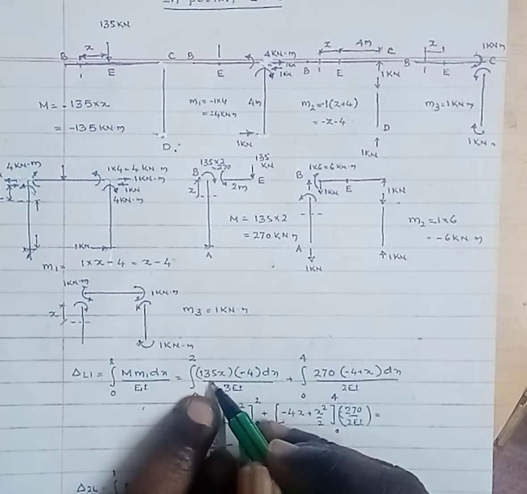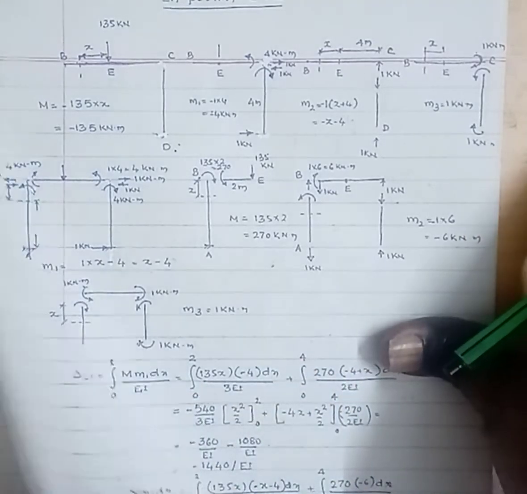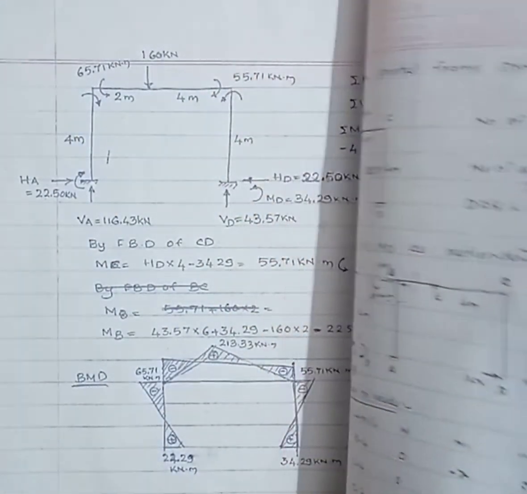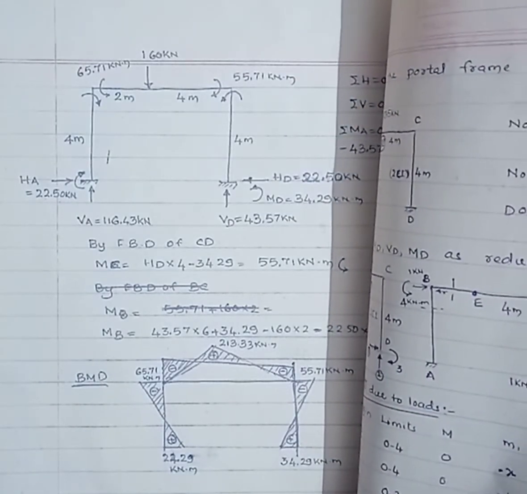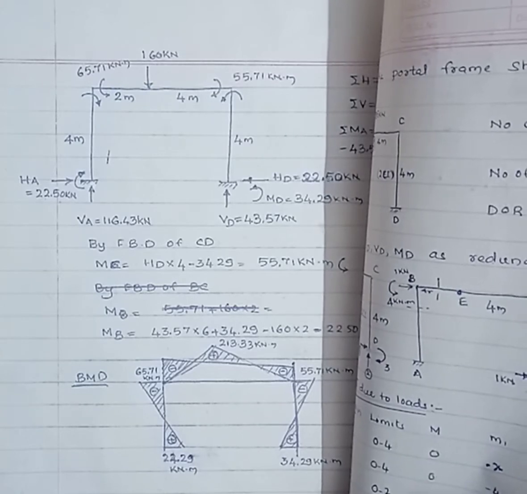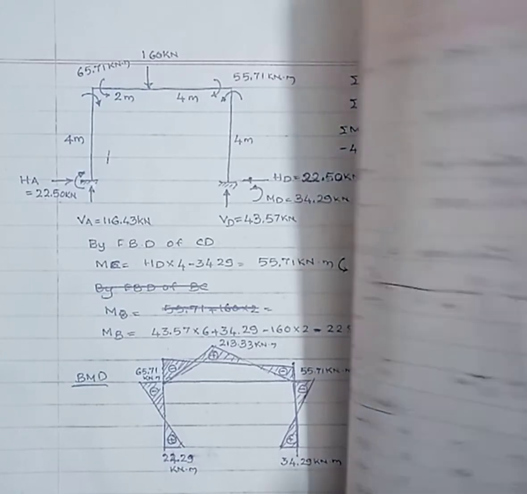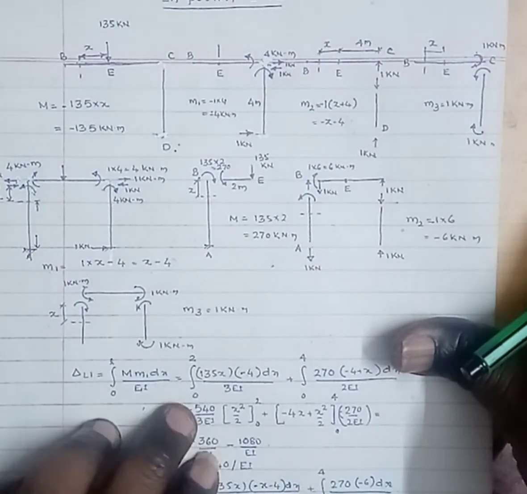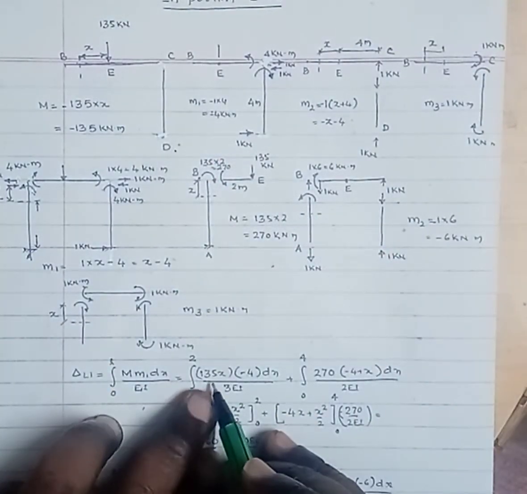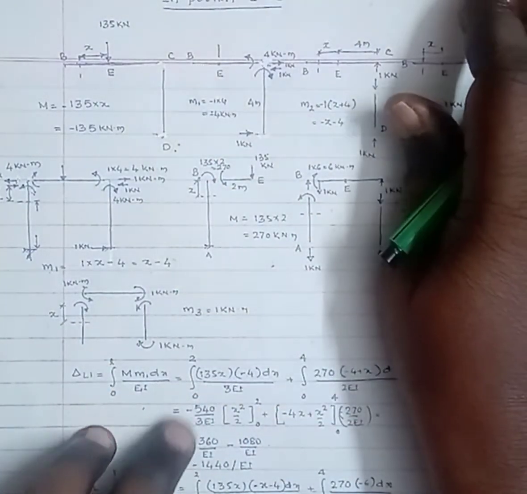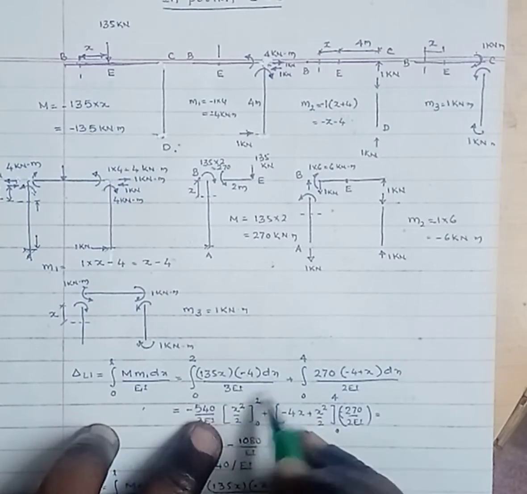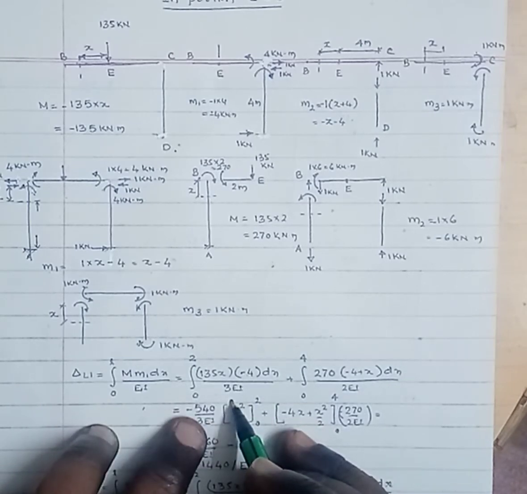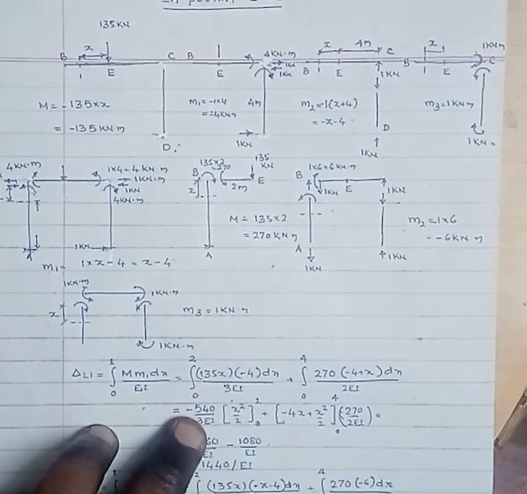Here m is 135 in the first two portions. The bending moment is 0, that is bending moment due to the applied load is 0, that is from D to C and C to E, the bending moment is 0. Then bending moment in third portion, that is B to C, that one is 135x, into bending moment due to the unit load is minus 4, that is 1 into dx divided by 3EI within the limits 0 to 2.